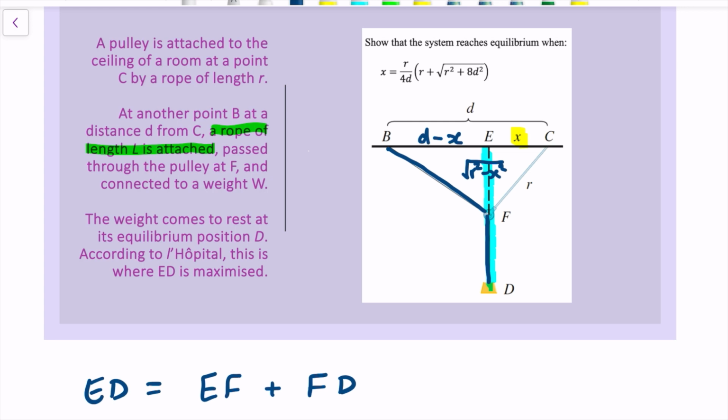So Pythagoras on the triangle BEF, we can square d minus x, square the root r squared minus x squared, and then square root. This side here will be the square root of d minus x all squared plus r squared minus x squared.